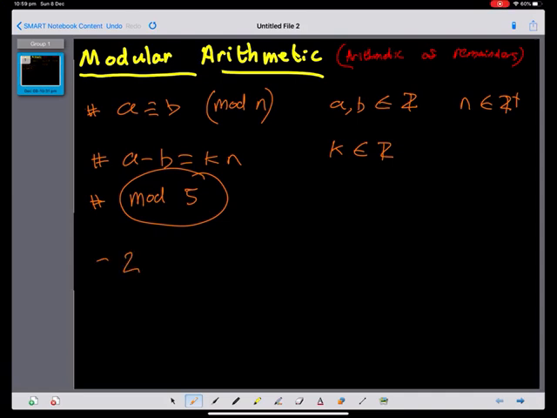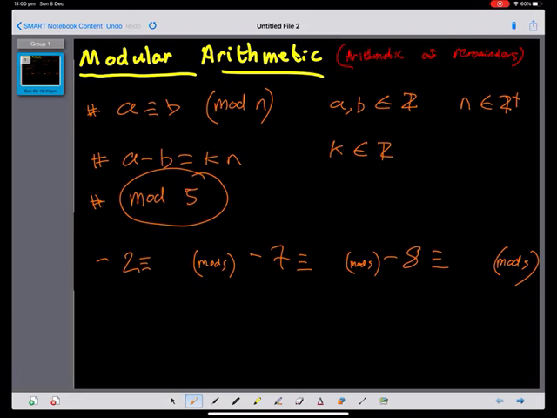-2, -7, and -8. Now, we want to see what these numbers are congruent to mod 5. Okay, so remember the condition.